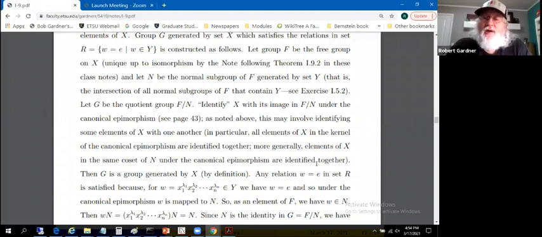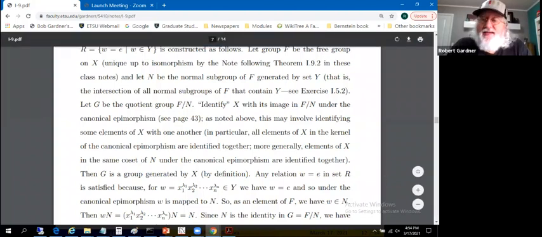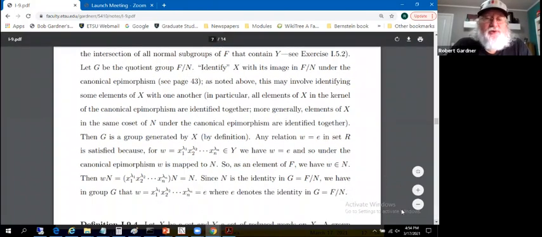Of course, any element of N itself is associated with the identity in the quotient group, the coset of N itself. So this identification is not a one-to-one procedure, but group G is generated by X.